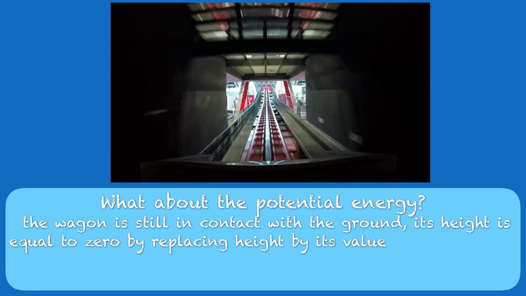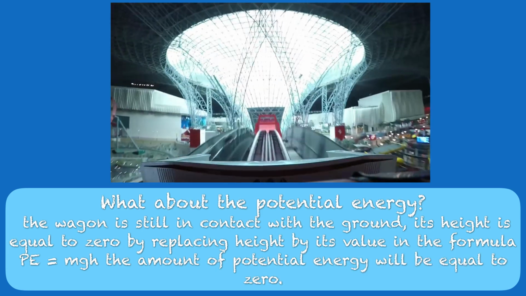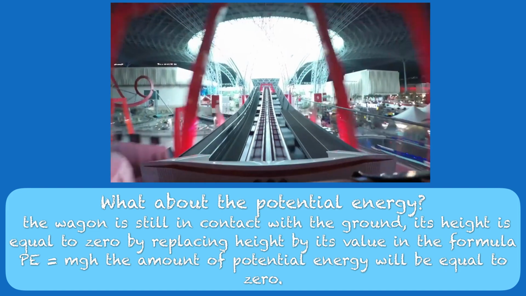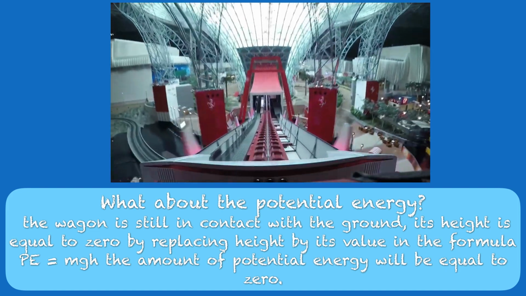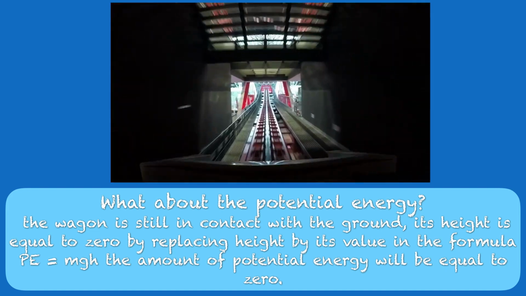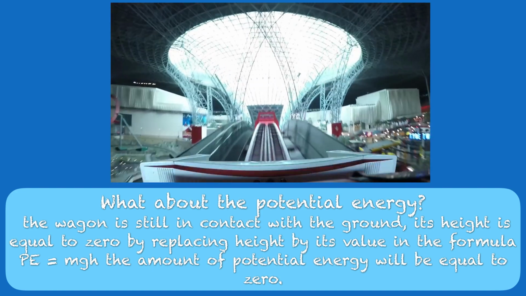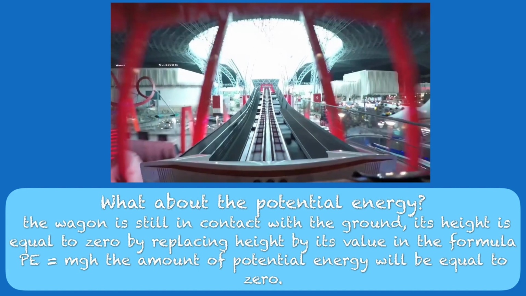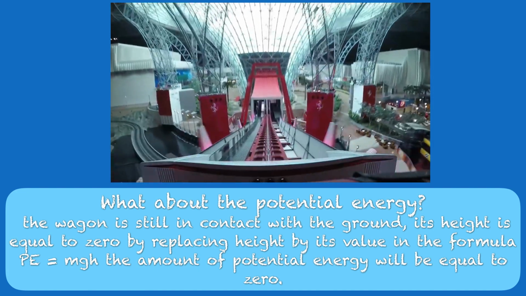What about the potential energy? As the wagon is still in contact with the ground, its height is equal to 0. By replacing height by its value in the formula PE equals mgh, the amount of potential energy will be equal to 0.